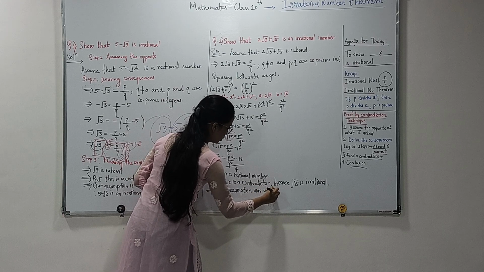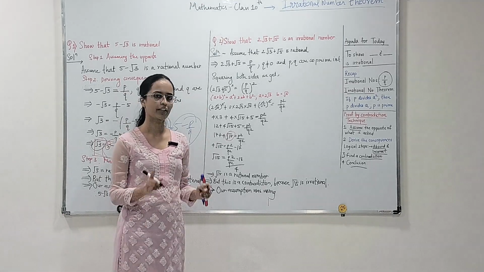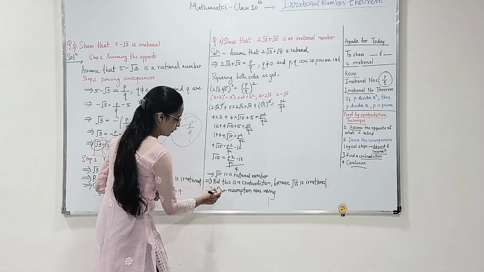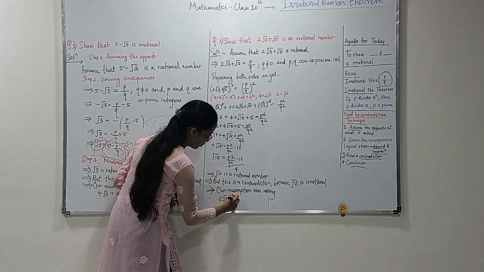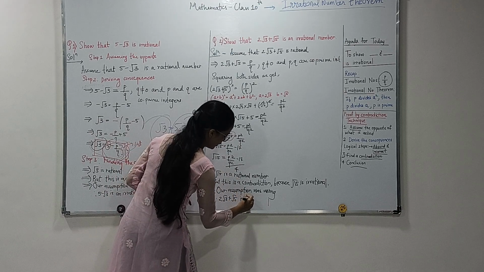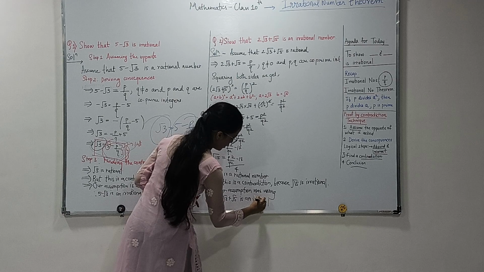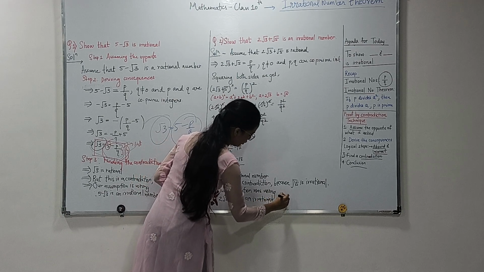And what was our assumption? That 2 root 3 plus root 5 is irrational. If it's wrong, then we can say therefore 2 root 3 plus root 5 is an irrational number.